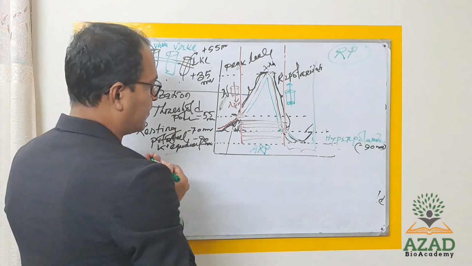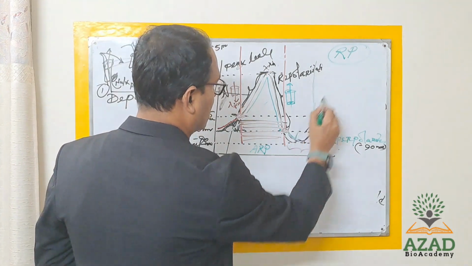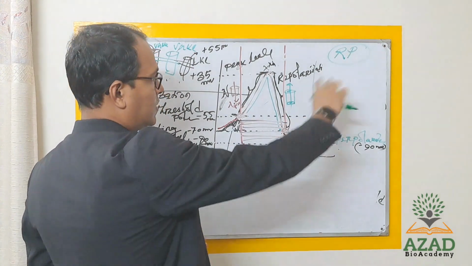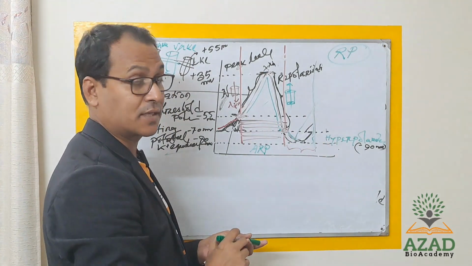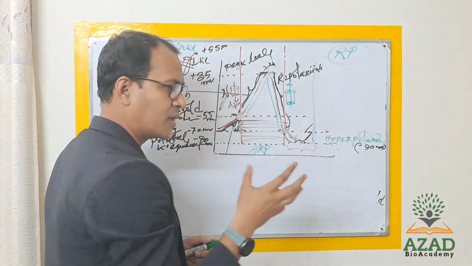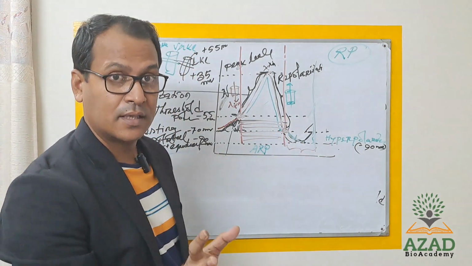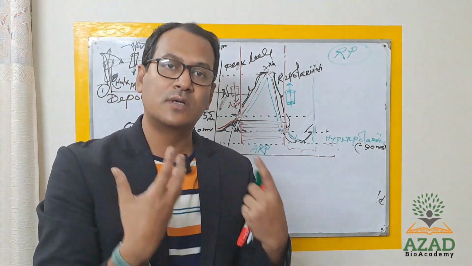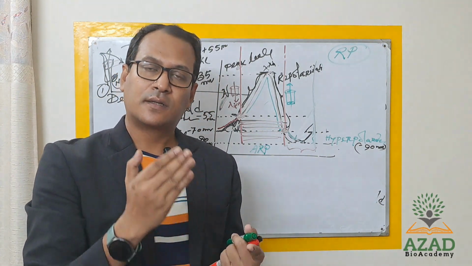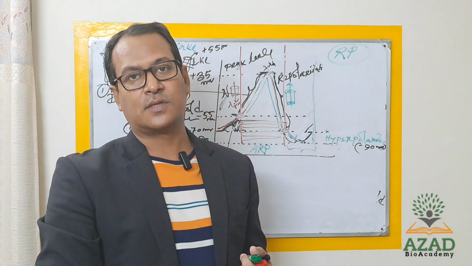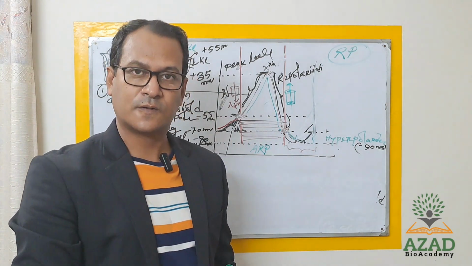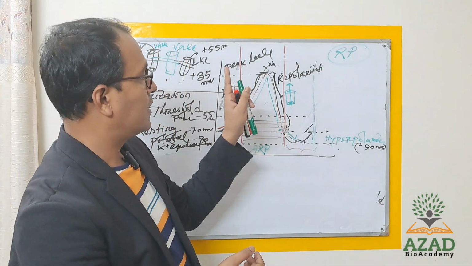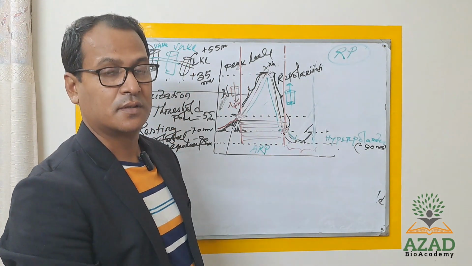That means from this part it will not create a second action potential or second potential changes. But at that point, if you apply a very strong stimulus, then a further action potential may be created. So it will depend on the intensity of the stimulus.